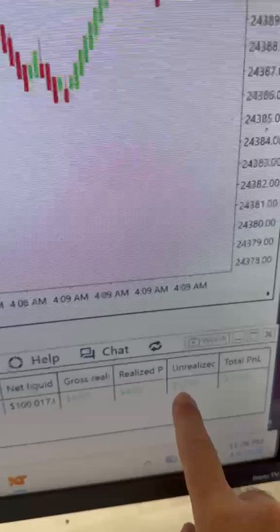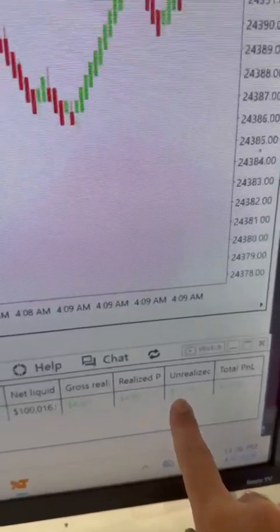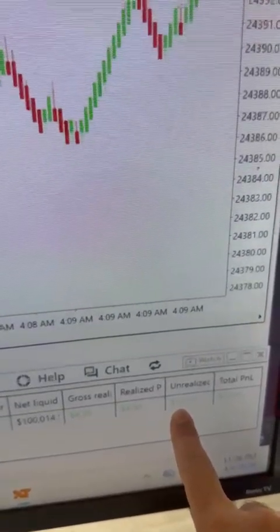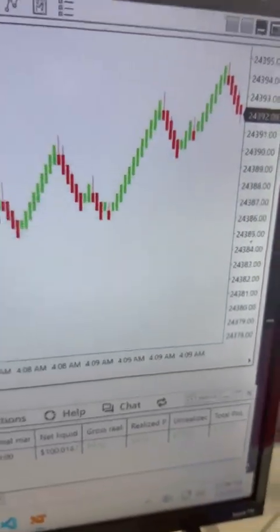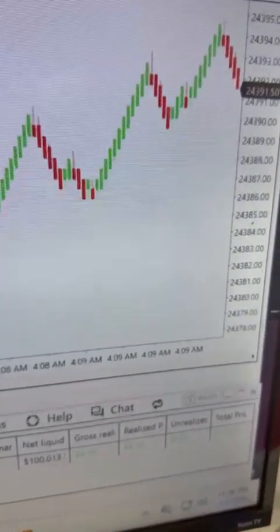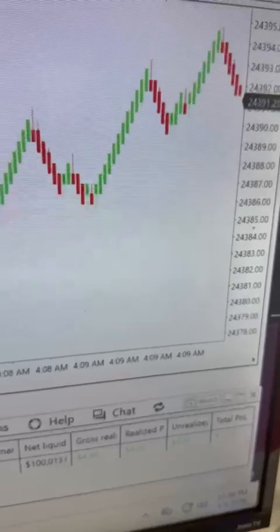So now it is making money. It made $12. That means $2,000 in 20 accounts. Micro contract, it's making $200.